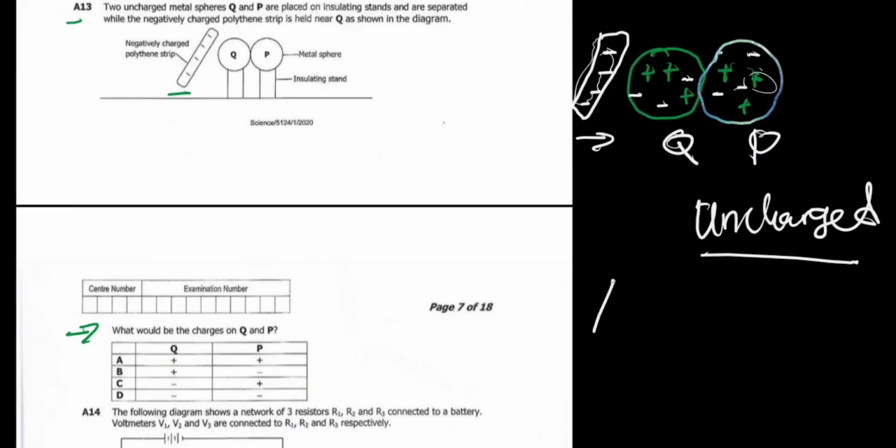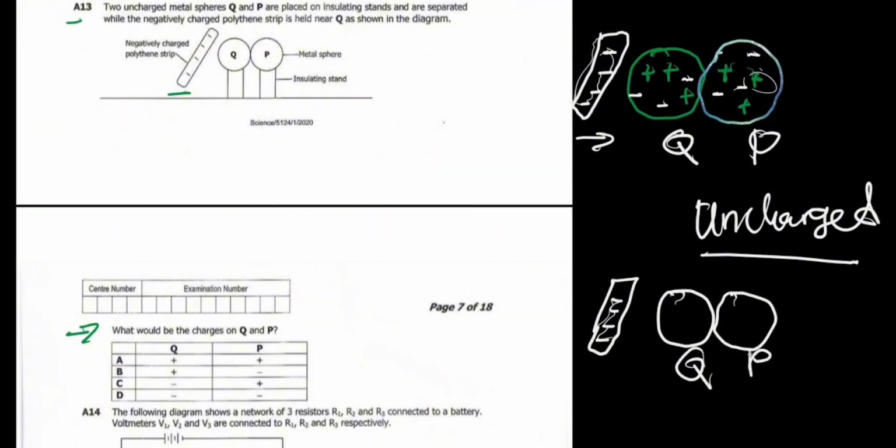So this is going to look like this. This is sphere Q, and this is sphere P. Sphere Q is going to be like this, and sphere P is going to be like this. So the question is, what would be the charges on Q and P?